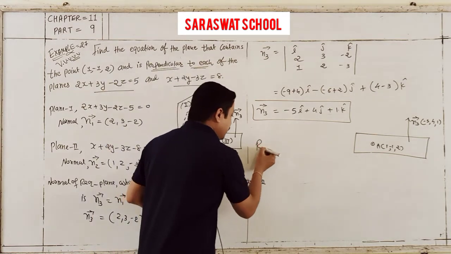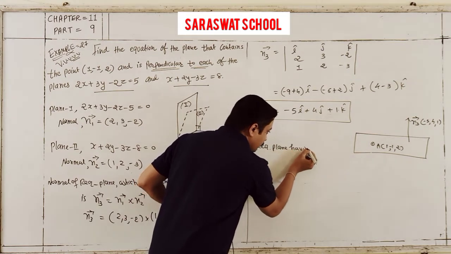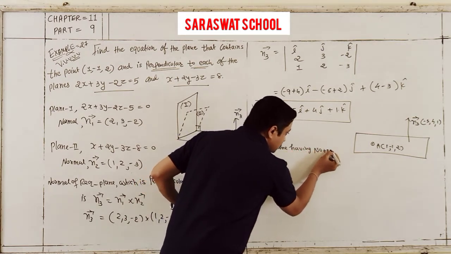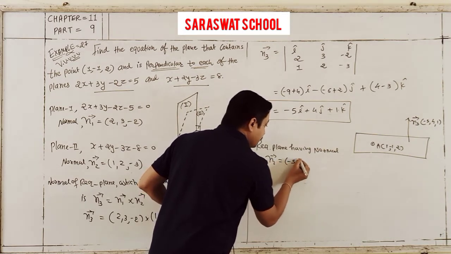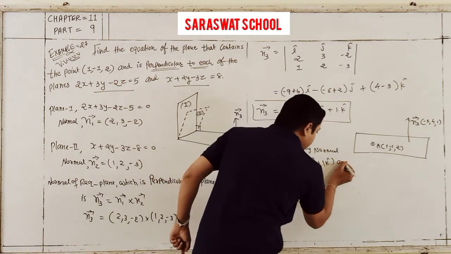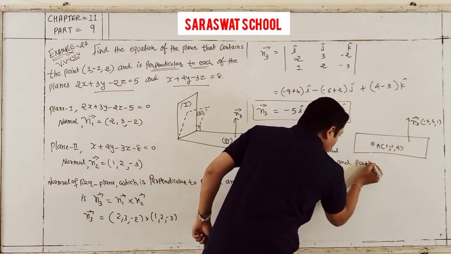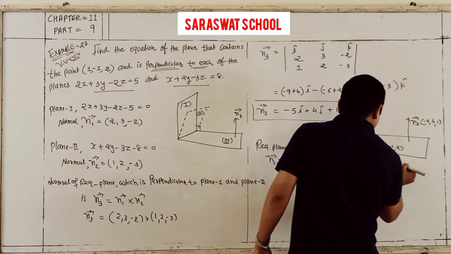So the required plane having normal n3, which is minus 5i, 4j, 1k, and passing through A, 1, minus 1, 2.